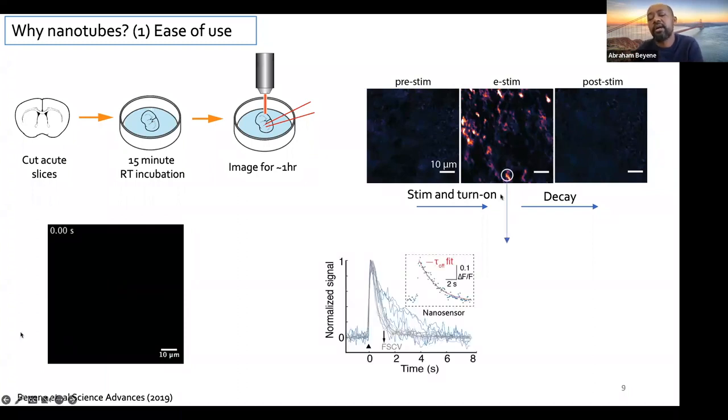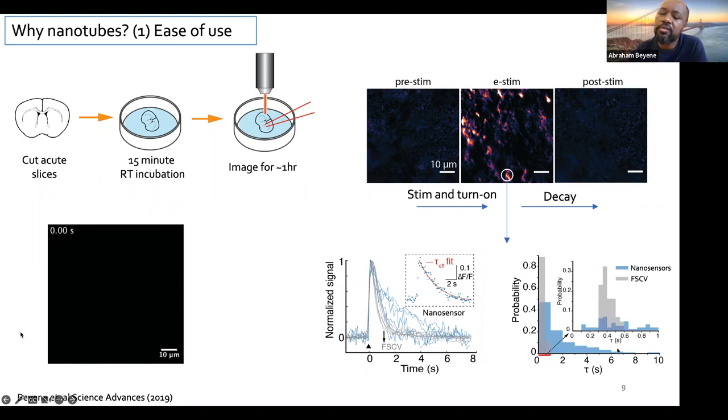And you can do that by first fitting first-order decay curves to each one of these, extracting these so-called tau-off values, and then looking at the distribution of these tau values to appreciate that there is quite a bit of diversity that is not necessarily captured by simultaneous measurements with FSCV, which is another technique of measuring dopamine, right? So this type of heterogeneous information that can be extracted by imaging with these nanosensors becomes a repeating theme for me, and I'm going to get back to it a couple of times in my presentation.